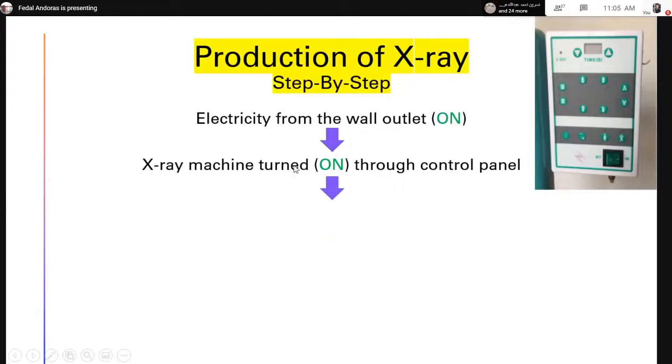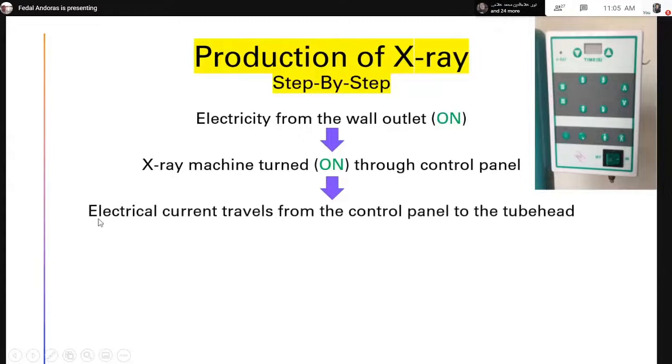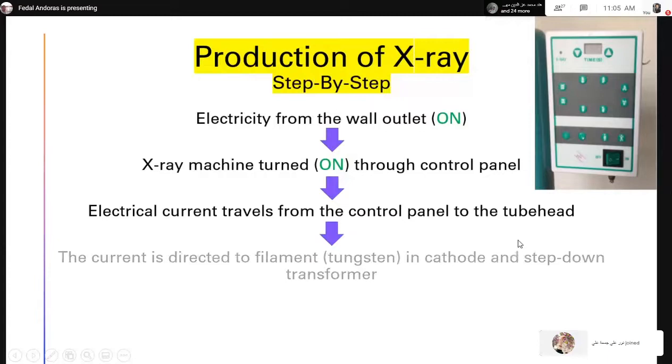So when the X-ray machine is turned on at the control panel, electrical current travels from the control panel to the tube head. And we said the current is directed to the filament, tungsten, in the cathode.